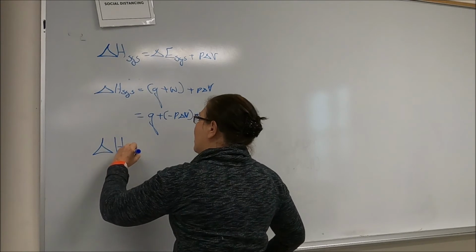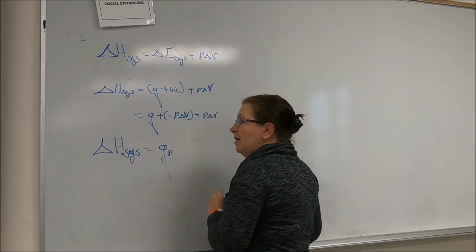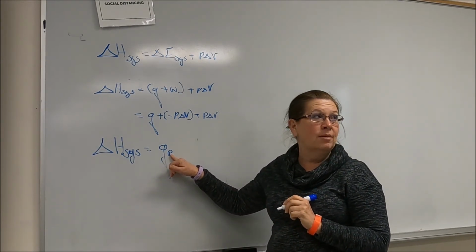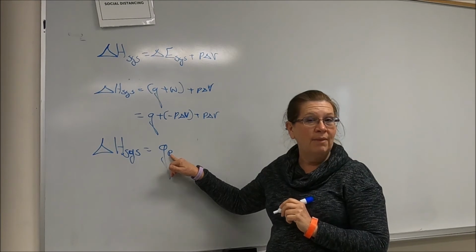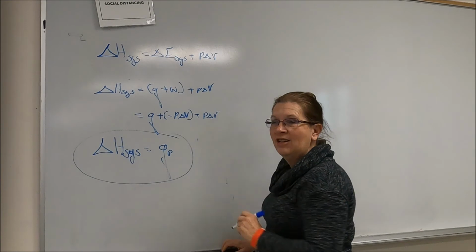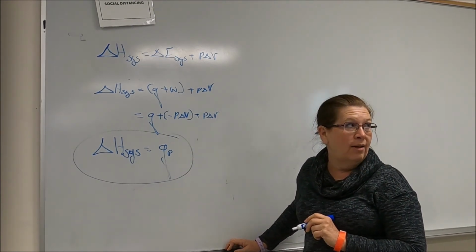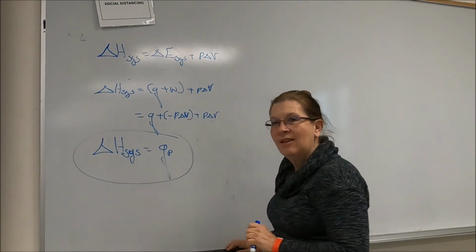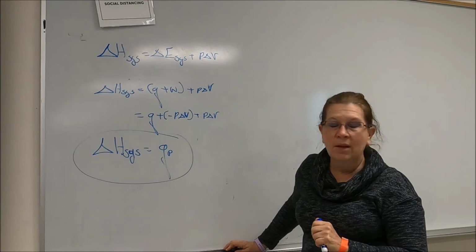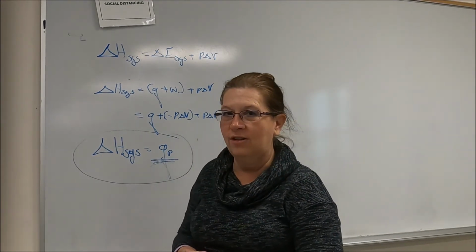Delta H of the system is equal to Q, and I'm going to put a little P down here. P says under conditions of constant pressure. As long as the pressure is constant, then I can calculate the change in enthalpy of the system by looking at the heat flow in or out of the system. So delta H of the system is often referred to as the heat energy of the system, because we're basing it on Q under constant pressure conditions.